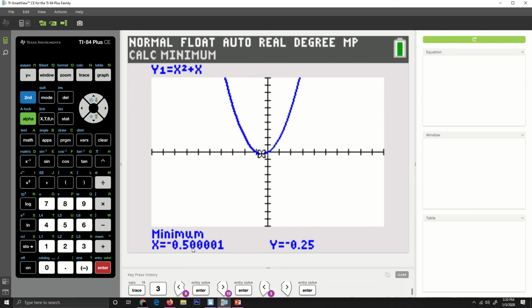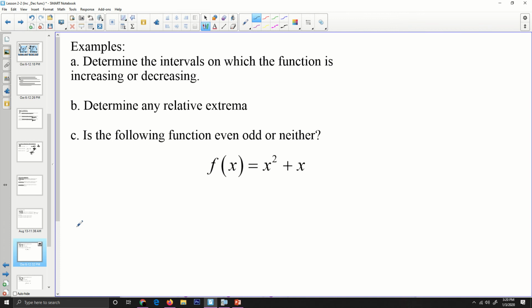If you get 0.5 with four zeros and then a 1, I can pretty much guarantee that that's a rounding error by the calculator, and it's negative 0.5. And then the y was negative 0.25. And so we're actually going to answer the part B question first.